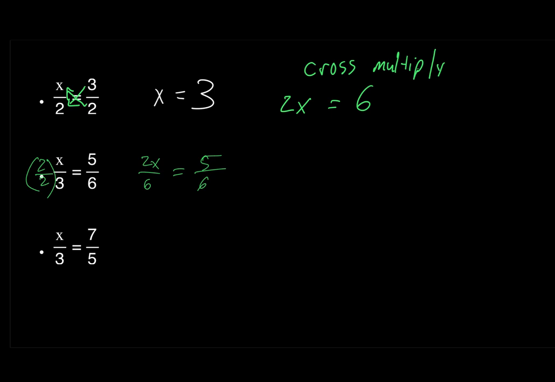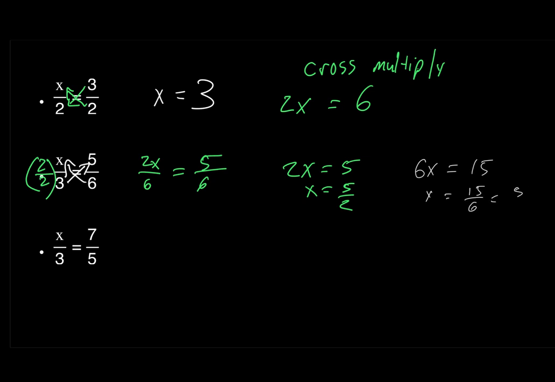Since they are the same denominator, the numerators must be equal. X equals 5 halves. If I do that cross multiply concept, 6 times x equals 3 times 5, divide by 6, x equals 15/6, which is the same as 5 halves.